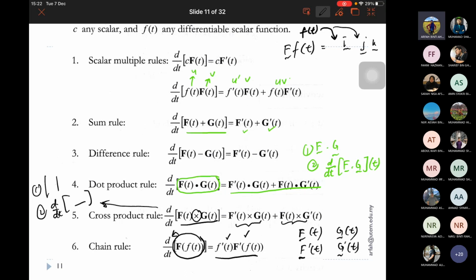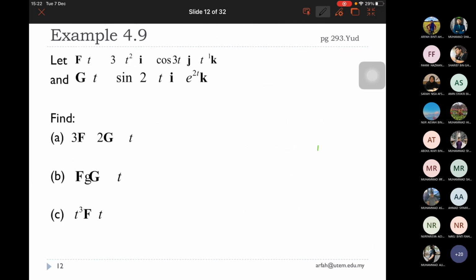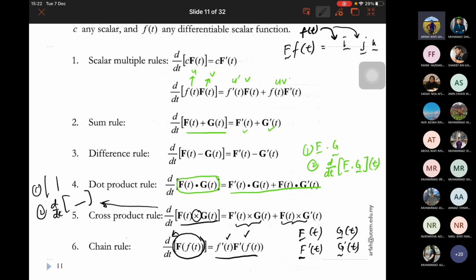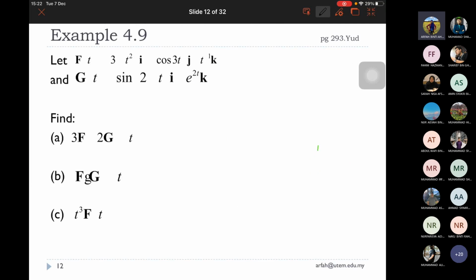Okay, let's take a look into example. So, kalau tengok example, kita ada this one.